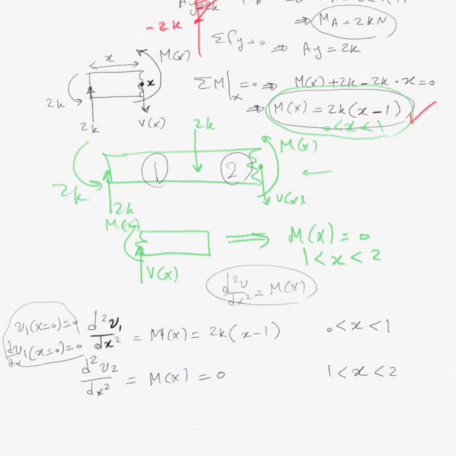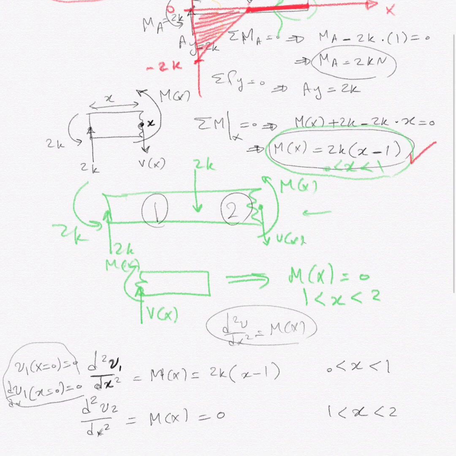So I have two boundary conditions for v1, okay? But I don't have any boundary conditions for v2, right?